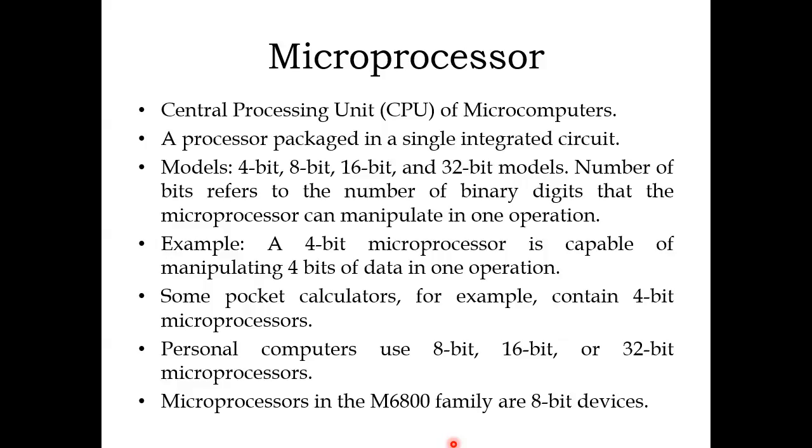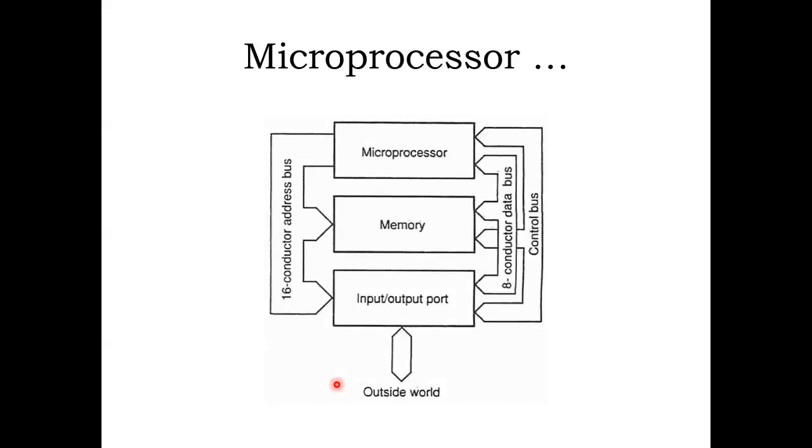That's why you will see this number almost everywhere, meaning our manual, our textbook. You will always see this number because this is the series of microprocessor manufactured by Motorola, and we'll be using one of the microprocessors from that family, okay? And we'll be using the instruction set of that microprocessor, okay?